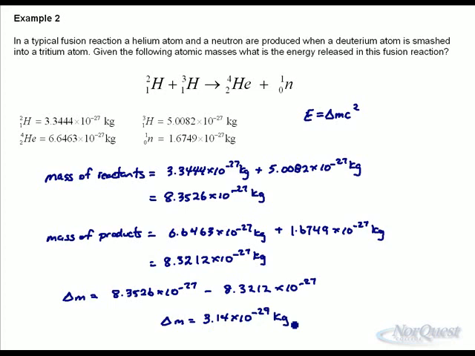So there's my change in mass again, similar to how we did in example 1. A little bit easier because we got less particles, or less numbers to add. Now I'll go to the next slide and calculate my energy released.